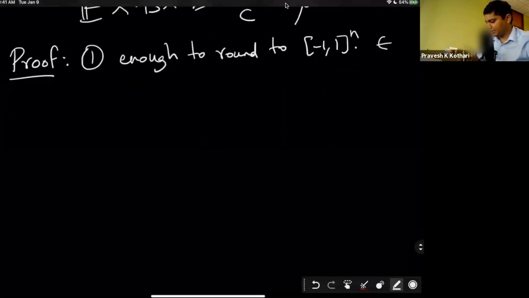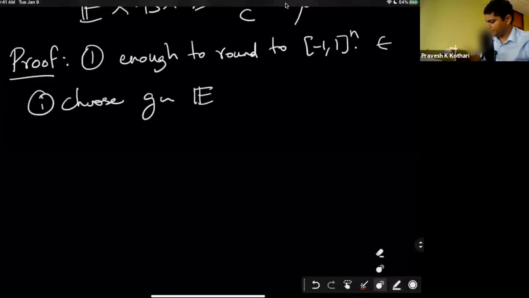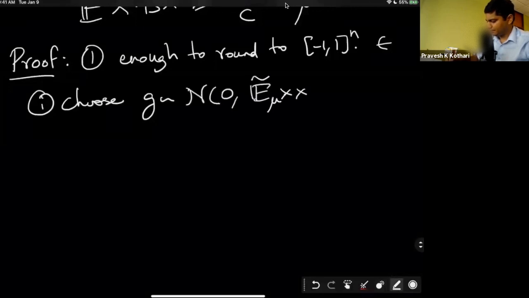Let's look at this. So here's a rounding algorithm. Choose G to be what we are super duper familiar with now, a Gaussian with covariance equal to the second moment of the pseudo distribution. And now, ideally we would have loved if this vector G has coordinates that live inside the solid hypercube plus minus 1 to the n, because then we are done, right?